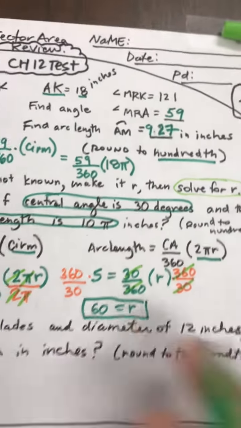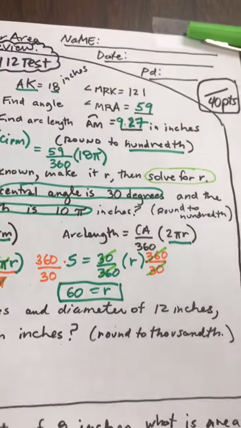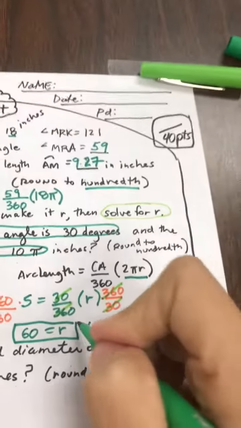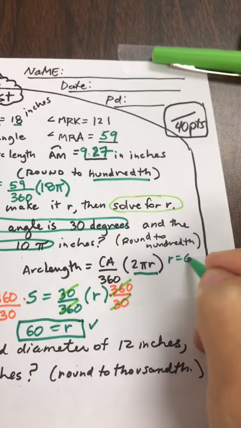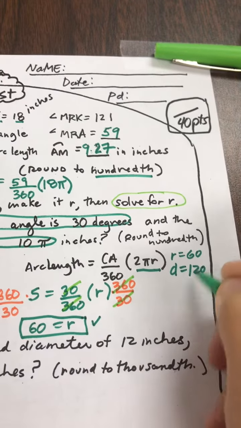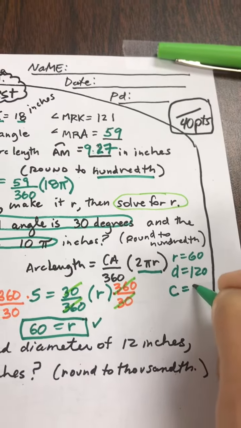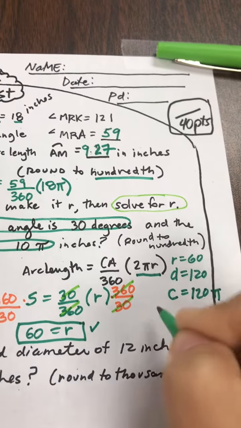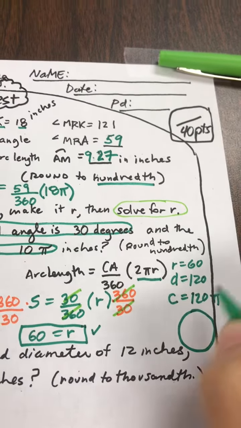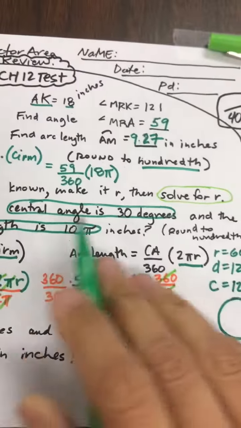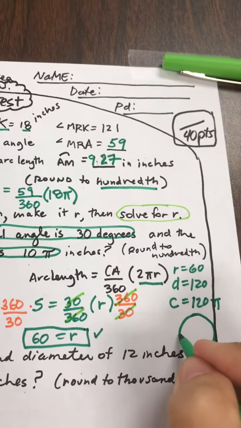Let's just double check if this makes sense. So this is our answer, but we're going to see if our answer makes sense. So if the radius was 60, the diameter is 120, the circumference is 120 pi. So if all the way around is 120 pi, an angle of 30 degrees, let's see what that would be.